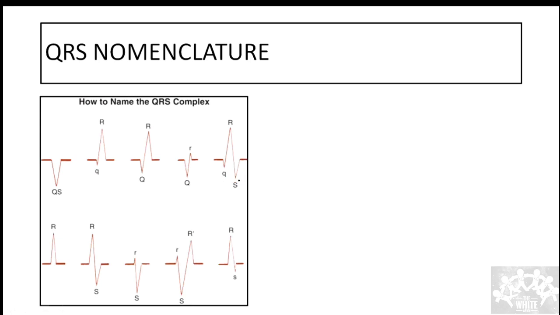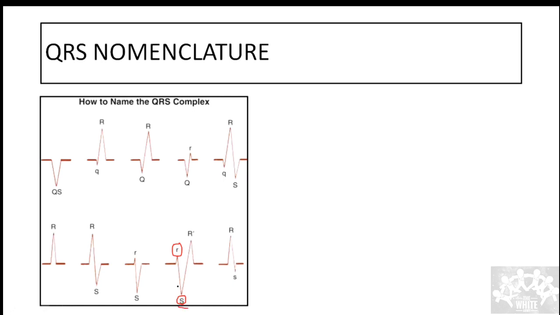Here we see there is no R wave, so we call it a QS complex. This is also very important to remember. Now let's see this example. The first positive deflection is called the R wave. Following that, the first negative deflection is called the S wave. If you get a positive wave, any negative wave following it is called the S wave.